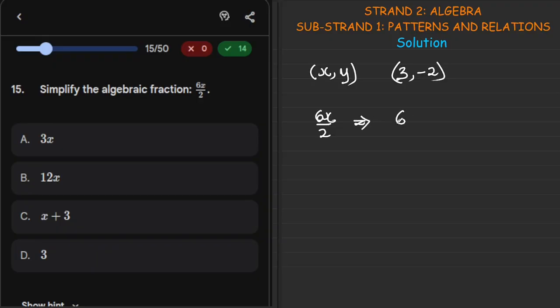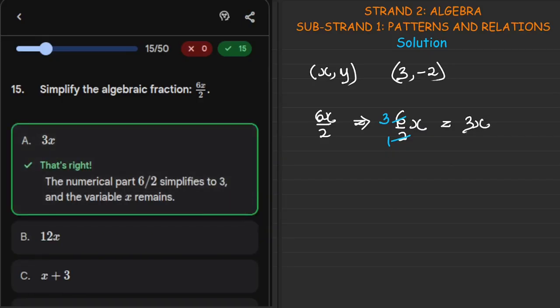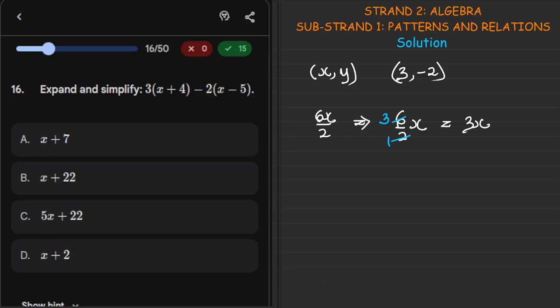Hence, we have 6 over 2, then x. We know 2 divides itself once, then divides 6 three times. Hence, our answer is going to be 3x. As simple as that. That is A.